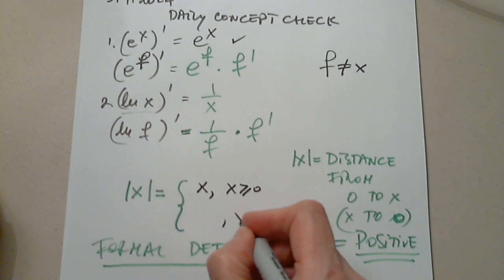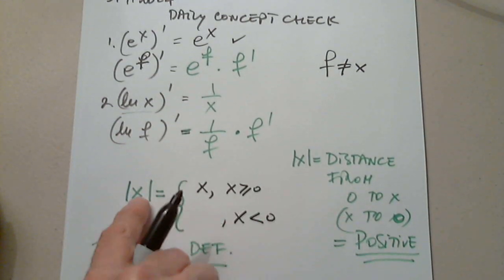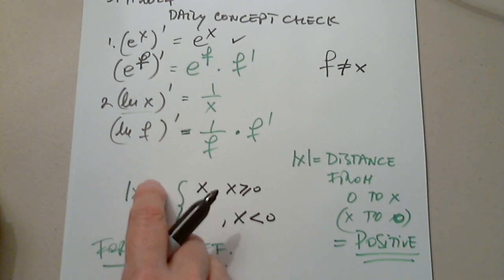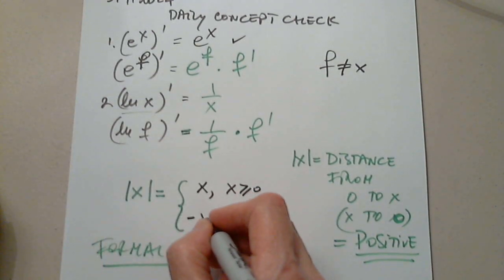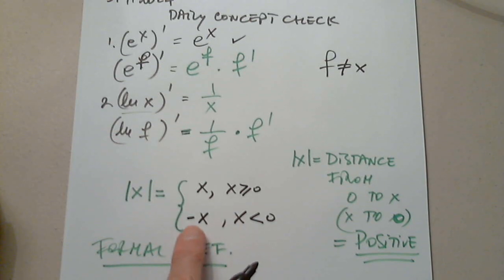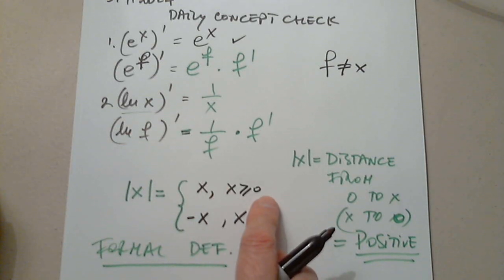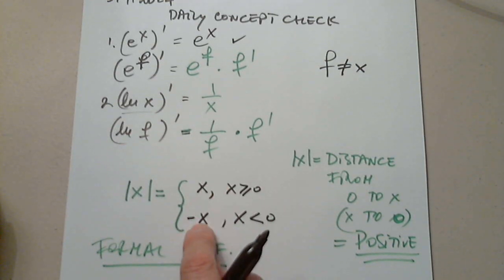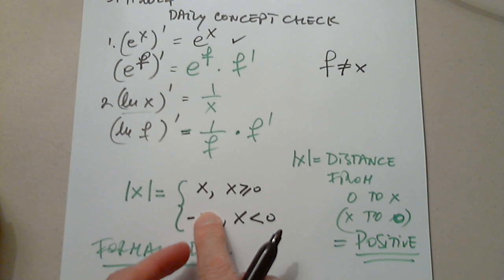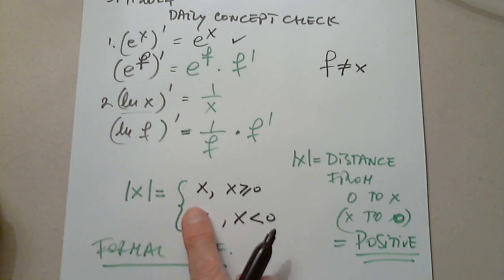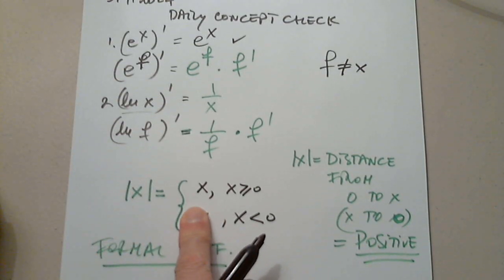But if x is negative, then instead of the absolute value, you put a negative in front of x. If x is negative with negative in front of it, this will always be positive. This is always positive because it's greater than or equal to 0. But if x is a negative quantity, times negative in front is also positive.